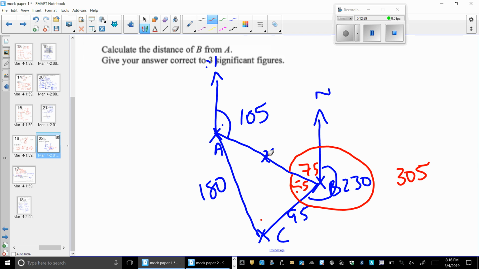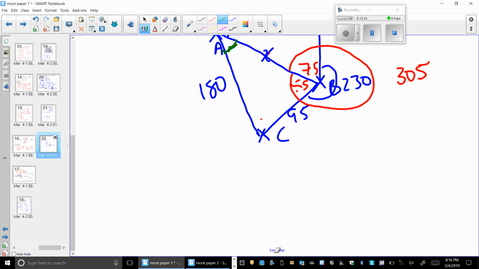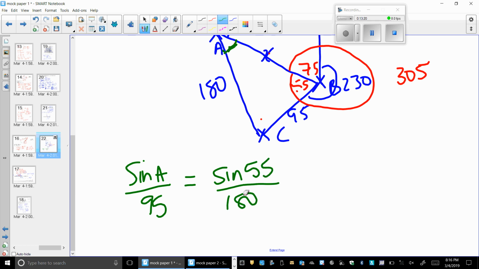So we're better off finding this missing angle here, because we can say that sine of A over 95 is equal to sine of 55 over 180. That's using the sine rule.